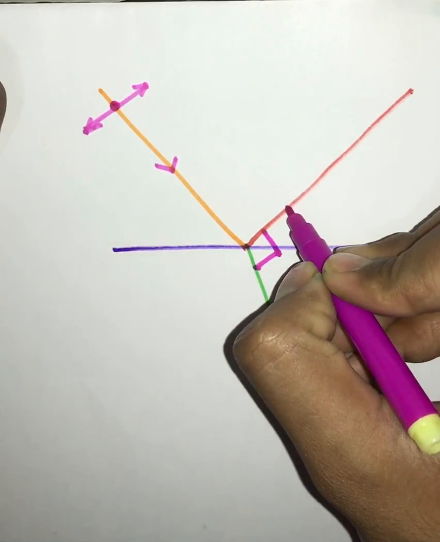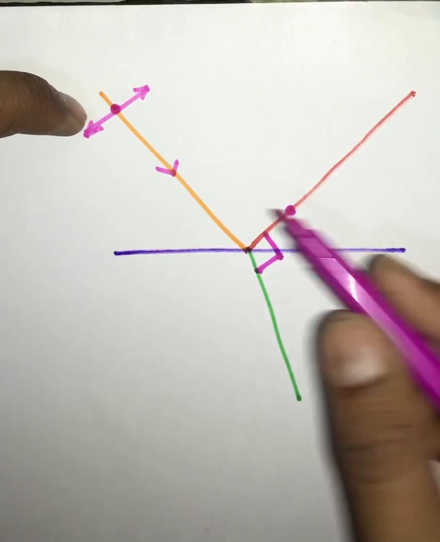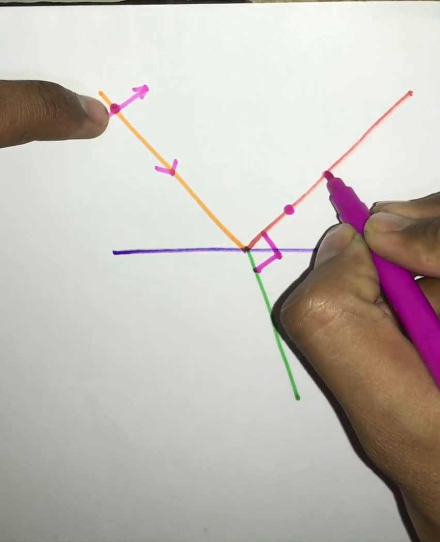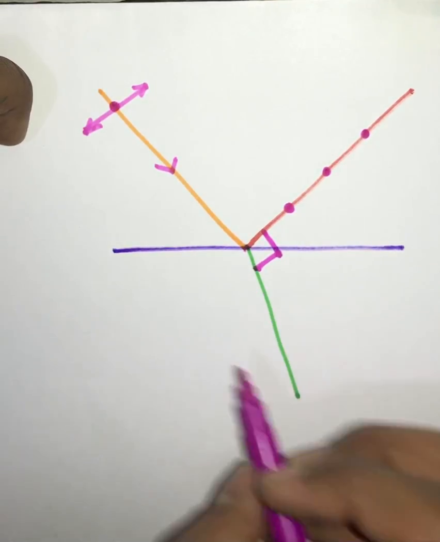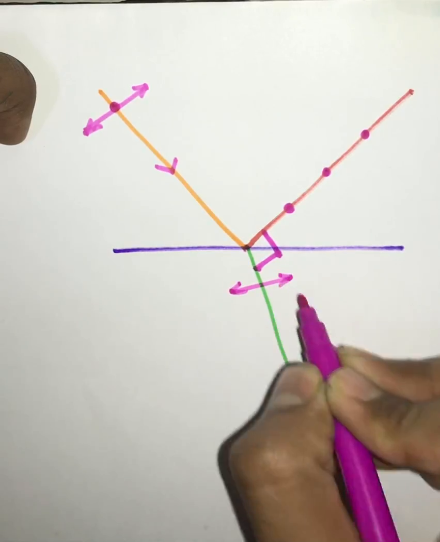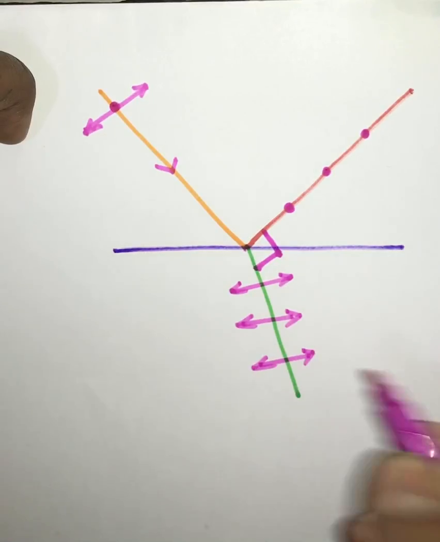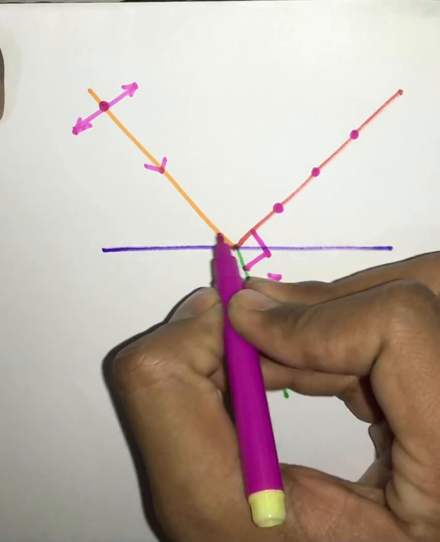So the reflected light will have a plane of polarization, plane of vibration, which is coming towards you and going away from you, and this refracted light will have light vibrating in the vertical direction. So over here, in both the refracted light as well as the reflected light, you have got plane polarized light. So now let's derive a formula for this.